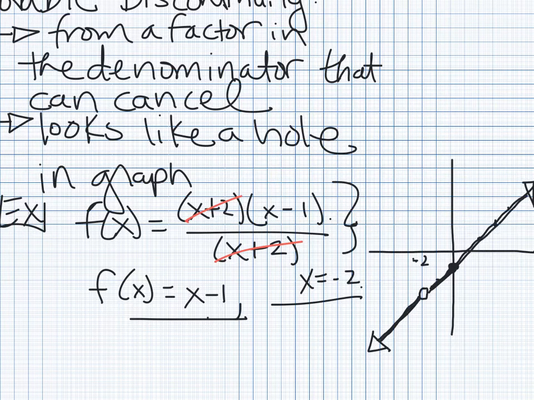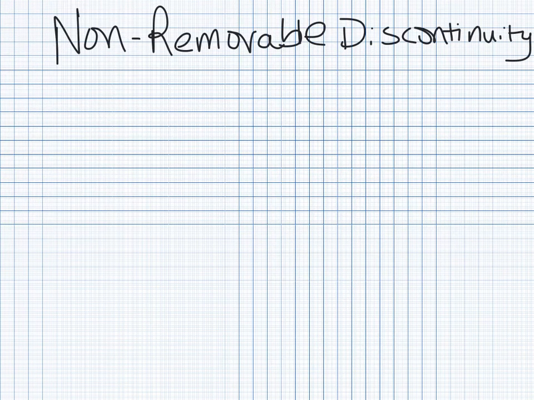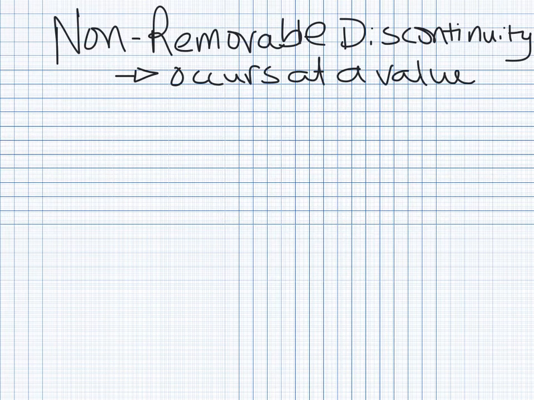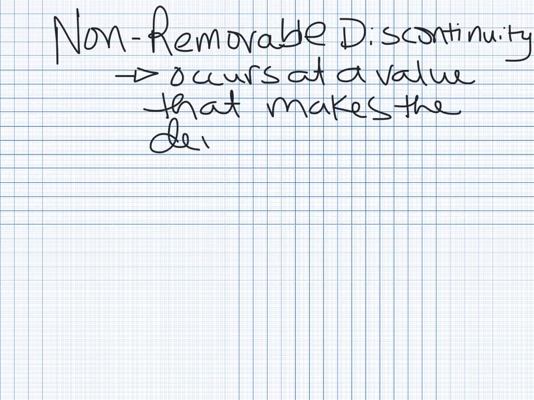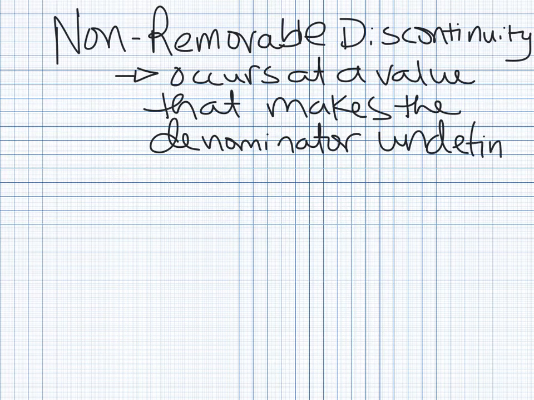We're going to look at what happens when we do not have a removable discontinuity. So a non-removable discontinuity occurs at a value that makes the denominator undefined, but does not cancel.